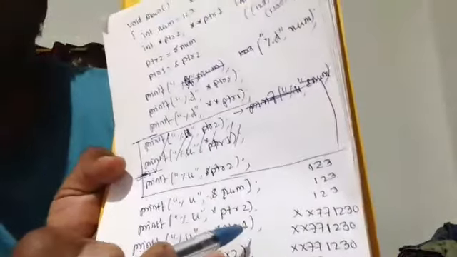And what is next? printf percentage u star ptr2. What will it give? What is the value of ptr2?